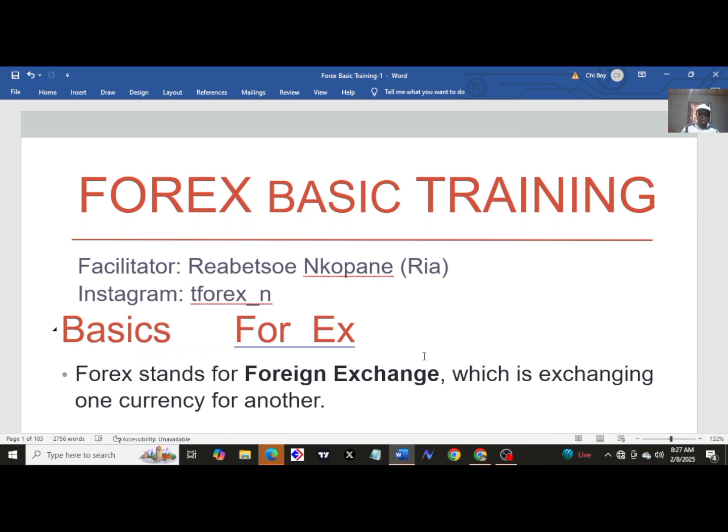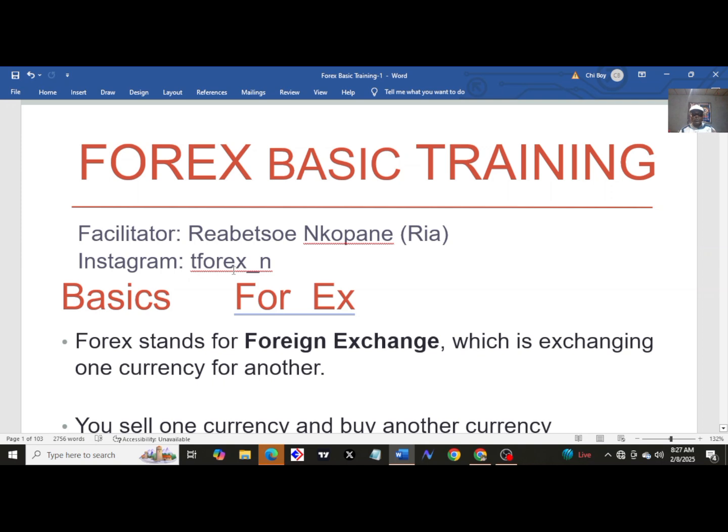So guys, this will be the first section of this beginner to mastery forex trading course. Like I said, we are going to be making use of this book titled Forex Basic Training during this first section, so that you get to know the basics or the rudiments of forex trading. Sometimes we tend to skip these parts, but believe me, it's very important.